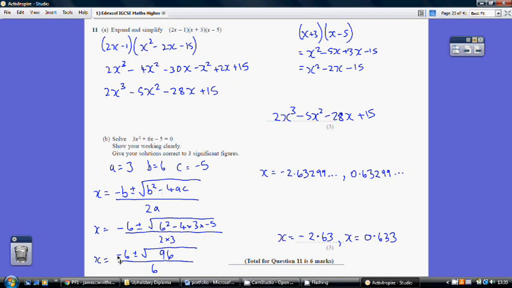So my two solutions come from, first of all, minus 6 minus root 96 over 6, which is minus 2.63299 dot dot dot. And my second solution comes from minus 6 plus root 96 all over 6, which is 0.63299 dot dot dot, giving our solutions to three significant figures. That's minus 2.63 and 0.633.